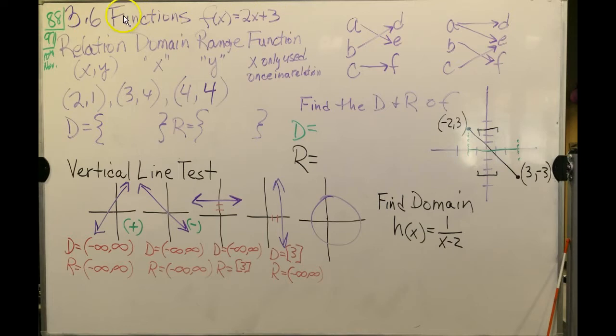But going on to the things we talked about, 4 vocabulary words: relation, domain, range, and function. And we said that relation, what does that refer to in mathematics? Well, that somehow things are connected. They're related. One of the famous relations of chapter 3 was the ordered pair, the x and the y.